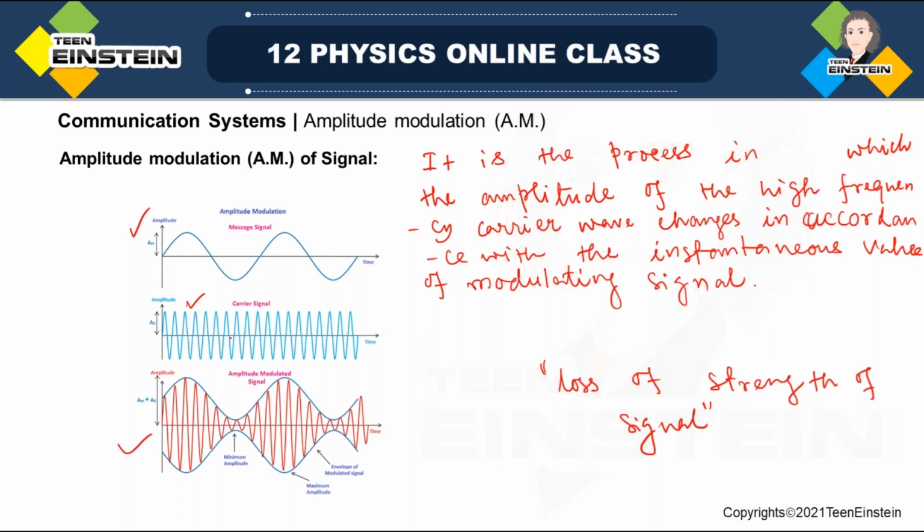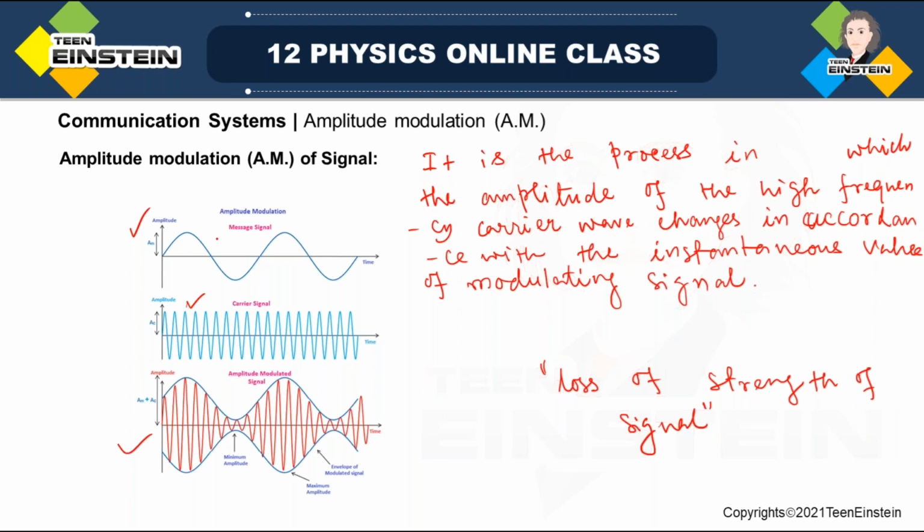You can see in the modulation process, the carrier wave, which has a larger frequency, will be modified in magnitude or amplitude. In case of amplitude modulation, the amplitude of the carrier signal will be modified according to the modulating or message signal.